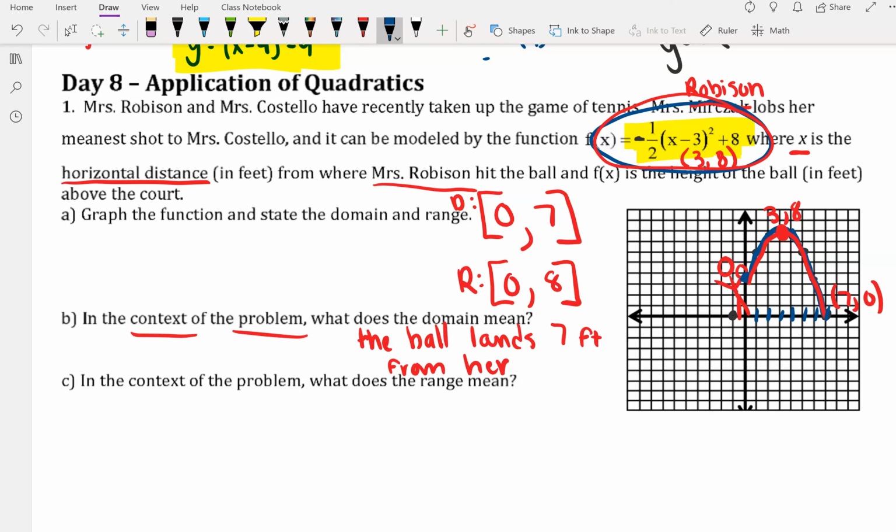So the range is how high up and down the ball goes. In the context of this problem, if the maximum height is 8, that means the range is talking about how high the ball goes.